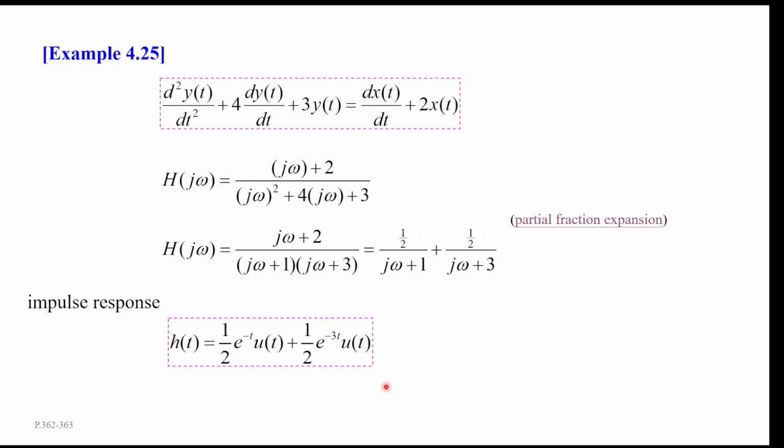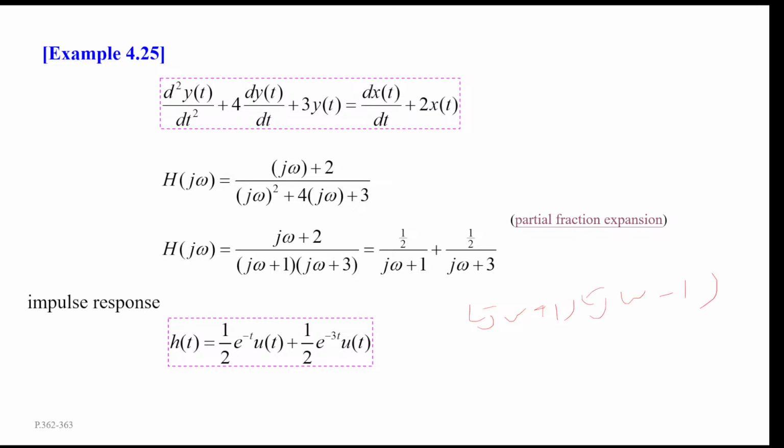In particular, if your differential equation is not nice, then you can also get an unstable big H of j omega. Say, if one of your roots, instead of j omega plus 1 and j omega plus 3, you have a j omega minus 1.